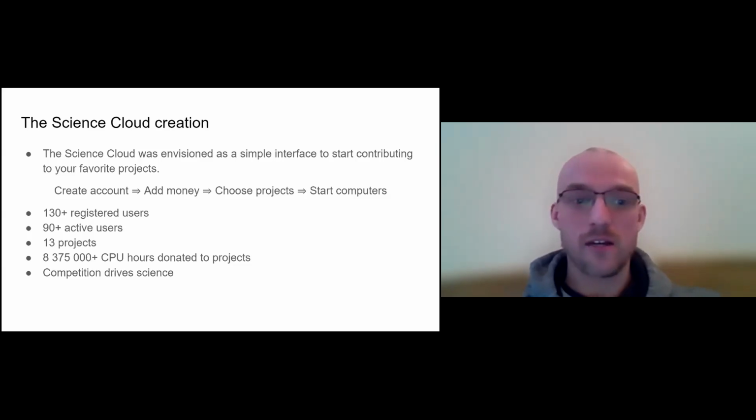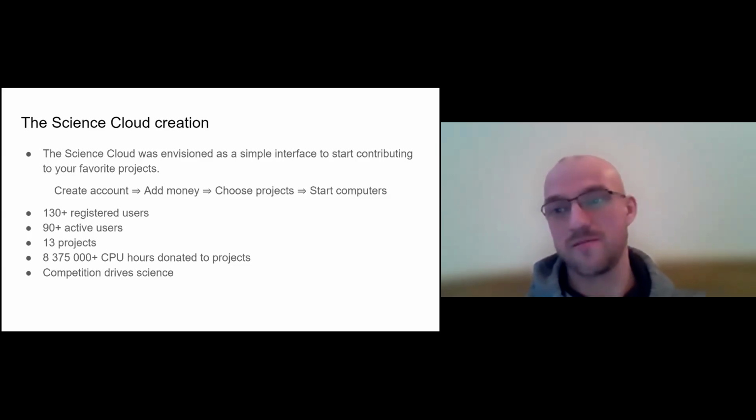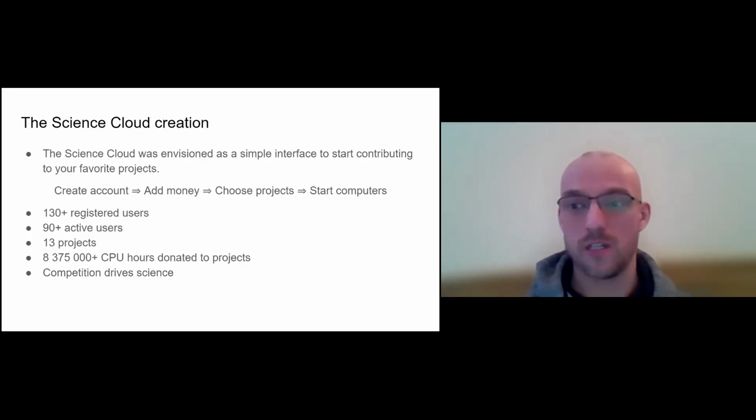Right now, it hasn't been a major achievement, but I have over 130 participants, and the active share of those is quite good. We have over 90 active users, and the Science Cloud supports 13 BOINC science projects, and most of these projects were added on request of our participants.